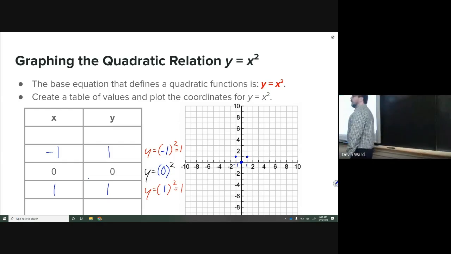Now, from -1, I'm going to move 1 more to the left. I'll go to -2. So I'm going to try x is -2. I'm going to sub it into my equation again. Y equals x squared, but what's my x this time? -2, exactly.